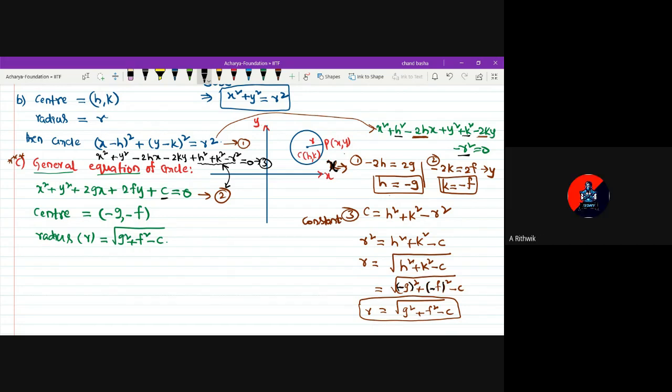Yes, sir. Now, let us see, guys. I need to discuss the problems related to this concept for all the 3 points. You have to remember all the 3 equations. Suppose whenever we have x square plus y square plus 2gx plus 2fy plus c equals 0, you can find out its center as minus g, minus f, and its radius as square root of g square plus f square minus c.